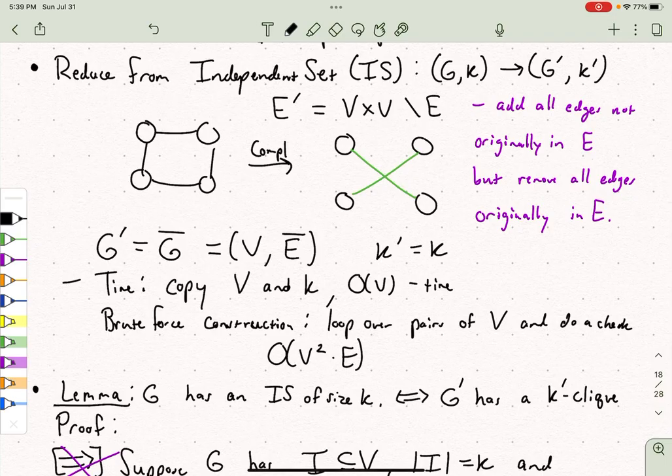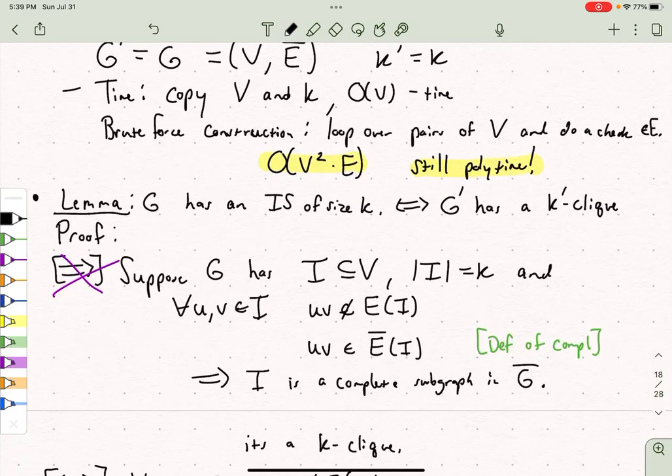So not the most efficient thing, but it's still poly time. And that's all we care about. So we can do this construction in poly time, and we've proven the reduction's correct.